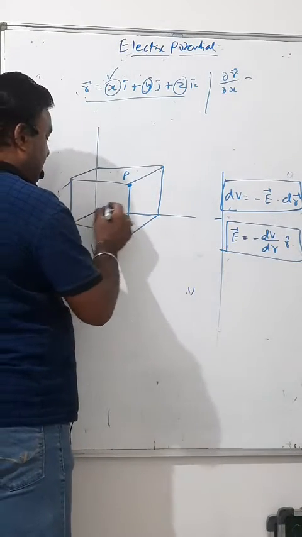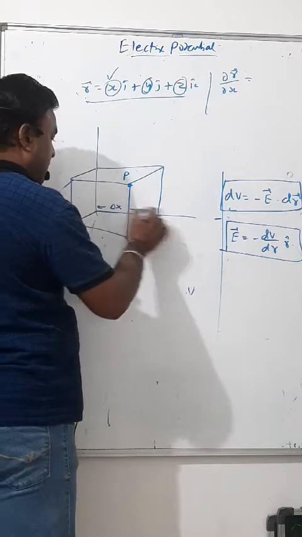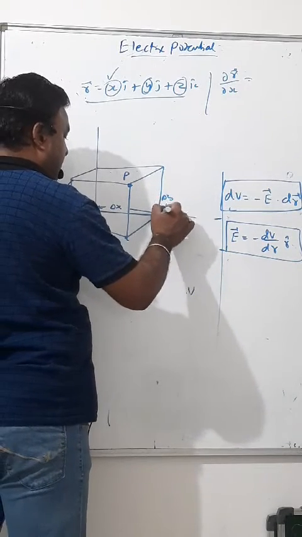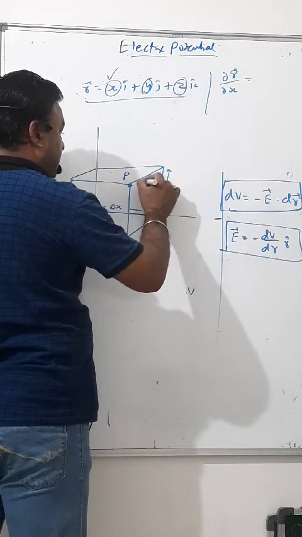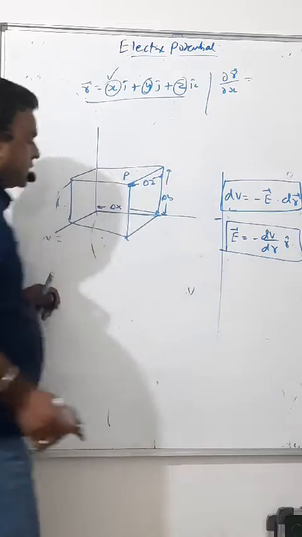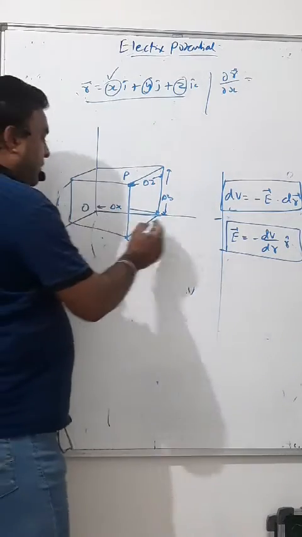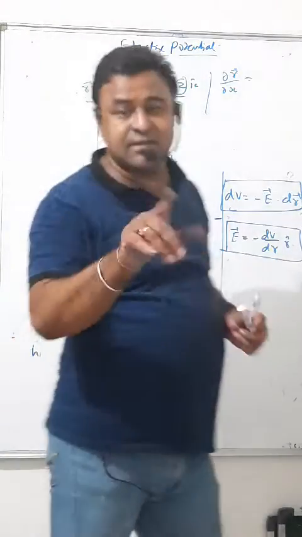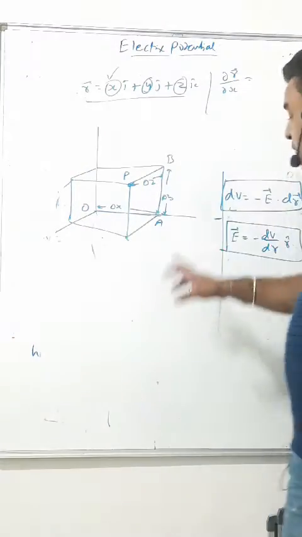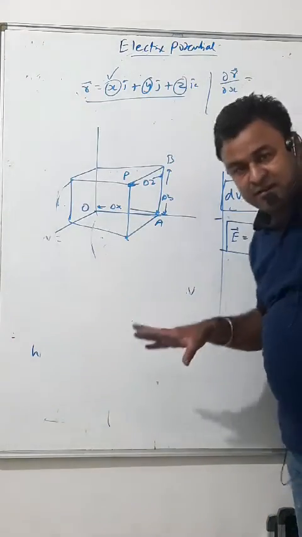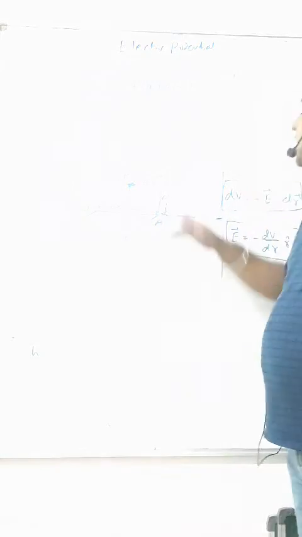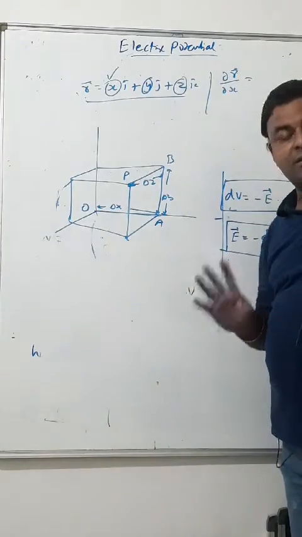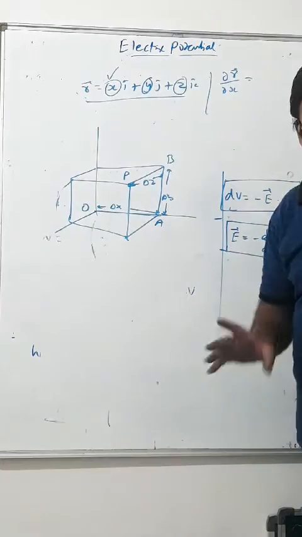Suppose this distance is delta x, this distance is delta y, this distance is delta z. Then when I'm moving from O to A, only x is changing, y and z constant. If I am moving from A to B, then only y is changing, x and z are constant. From B to P, when I am moving, then z is changing and x and y are constant.